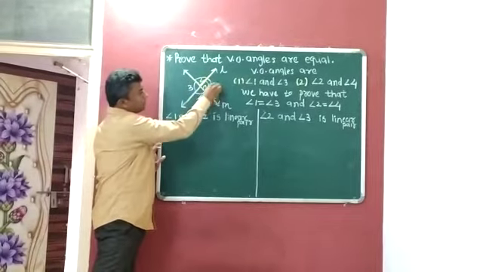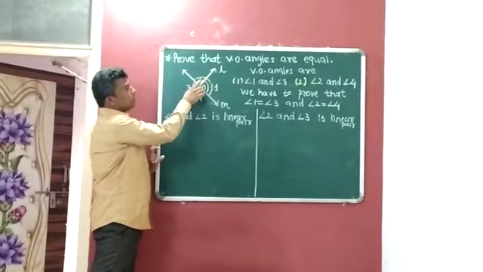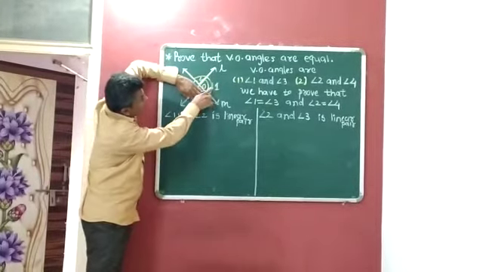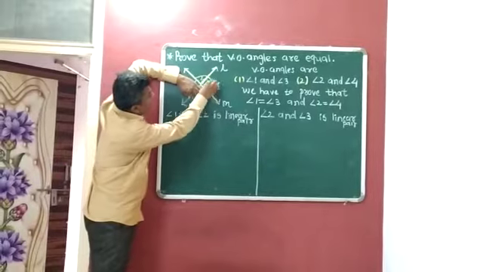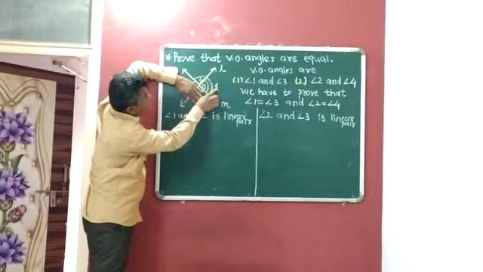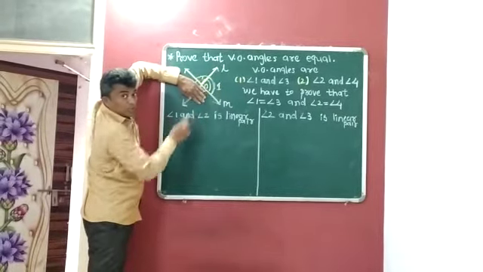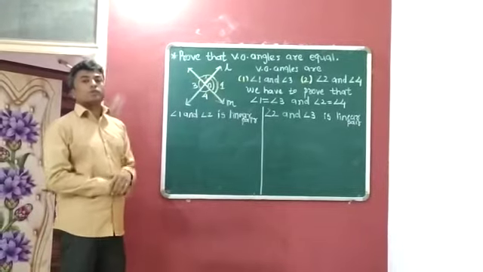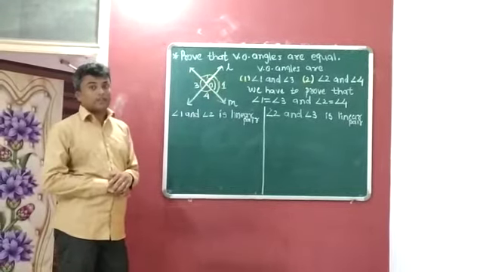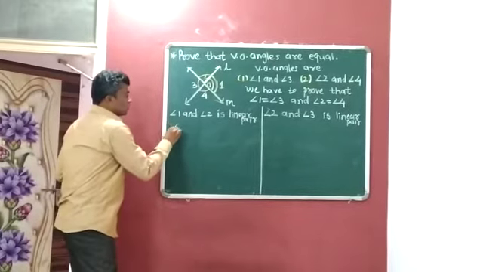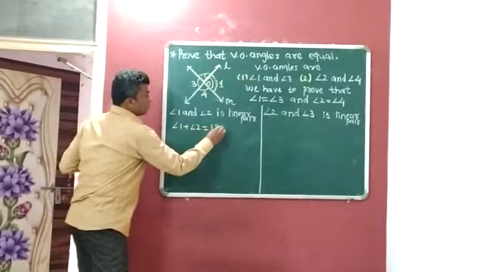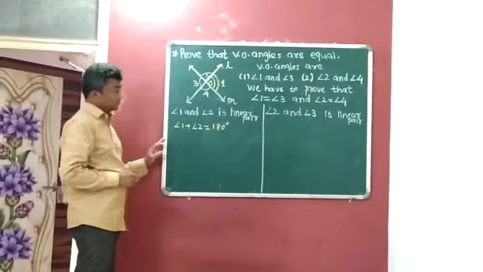So angle 1 and angle 2 is a linear pair. And we know that the sum of measures of a linear pair is 180 degrees. So angle 1 plus angle 2 is equal to 180 degrees.